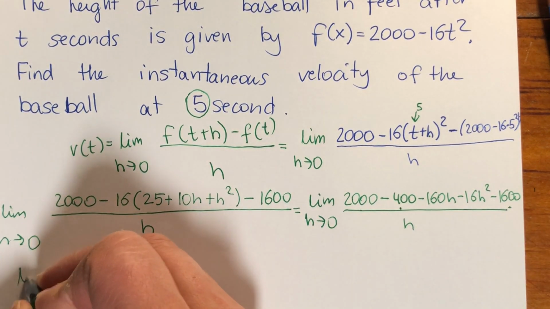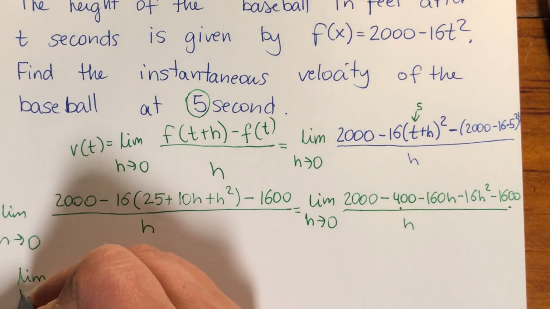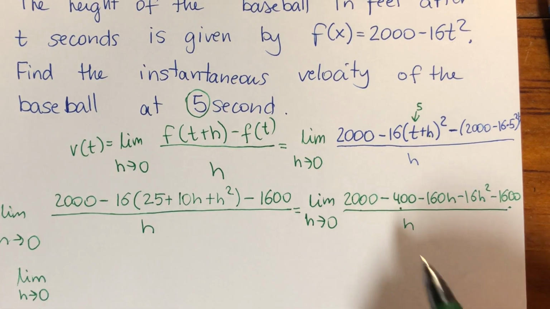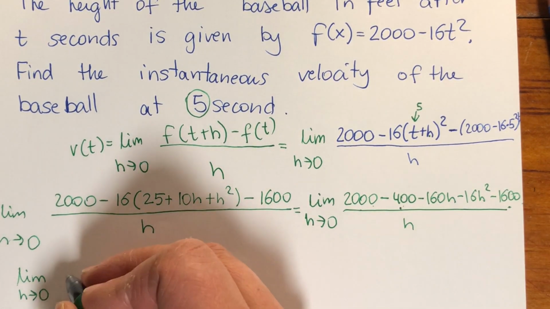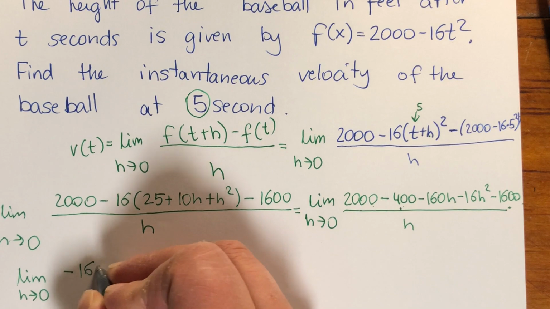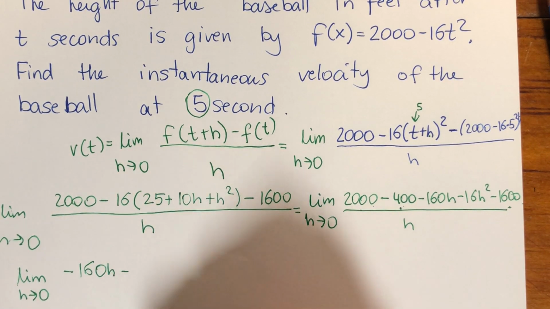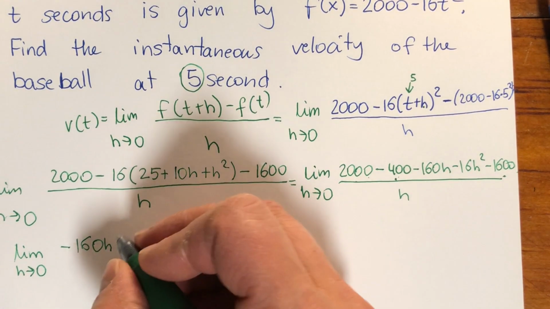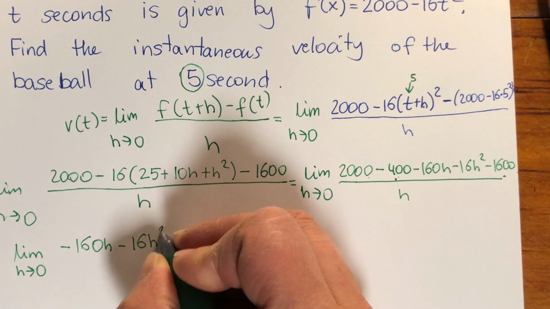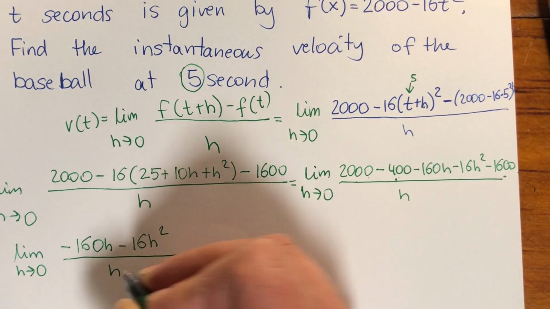That is going to be beautiful because it is going to cancel out. So those numbers are disappearing. So the only thing we have is 160h minus 16h squared. And we are going to divide it by h.